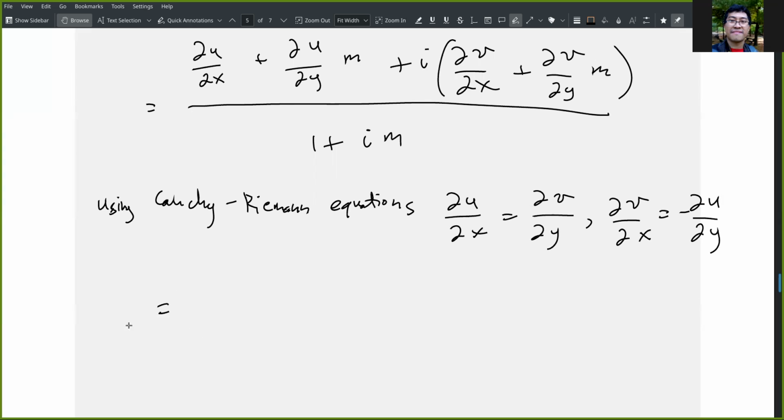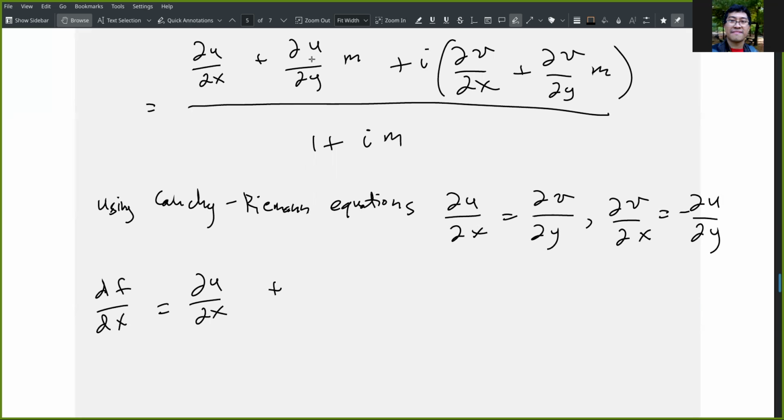Strategically, we don't have to substitute all of them, just a few. So let's keep partial u with respect to x, so that we can change this one here with partial u with respect to x.